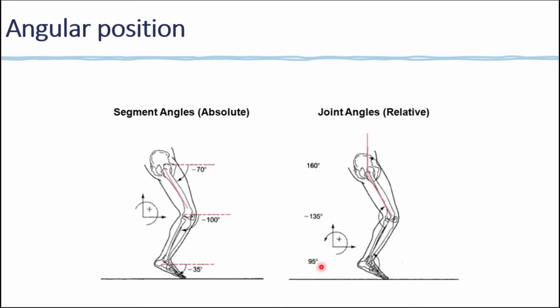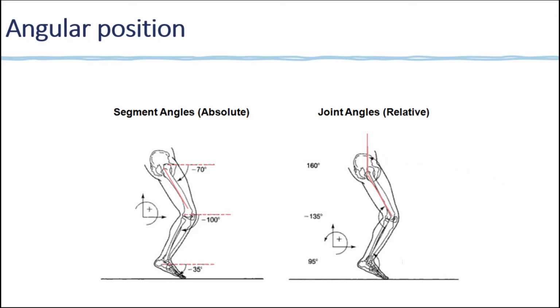So if we start at the hip, you can describe the absolute position of the thigh in reference to a line at the hip as being negative 70 degrees, and negative because of the direction of the arrows. And for that same position, you could describe the position of the thigh in reference to the trunk. And that would be a relative position of 160 degrees.